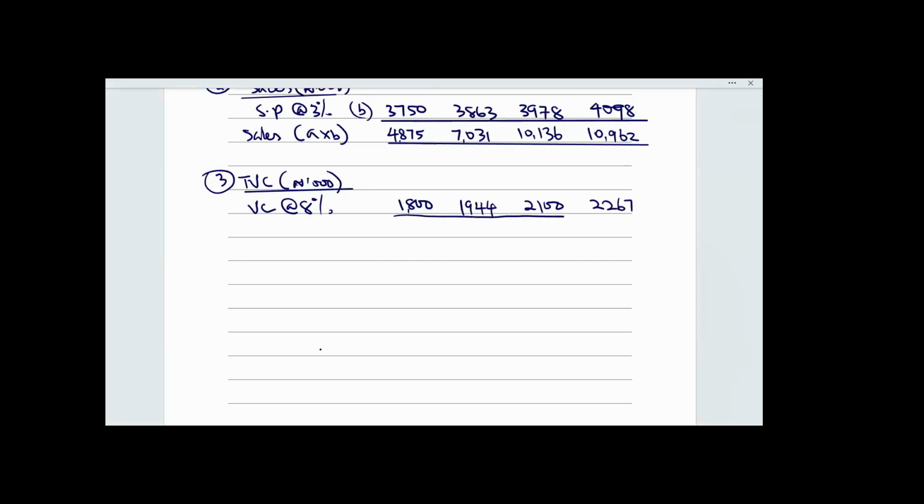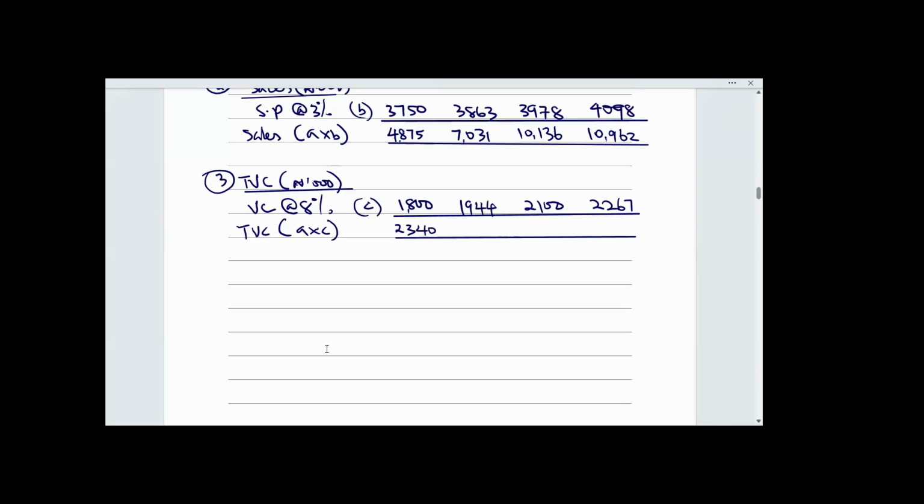So with this, we have inflated the variable cost. Let's say this is C. Then to get the total variable cost, it will be A multiplied by C. So 1,300 multiplied by 1,800 equals 2,340. Figures are in thousands.